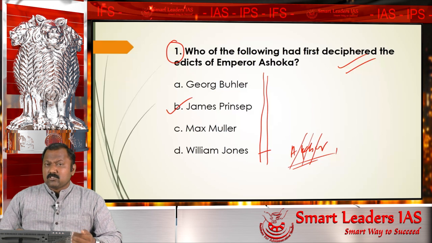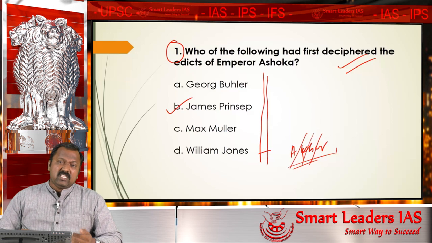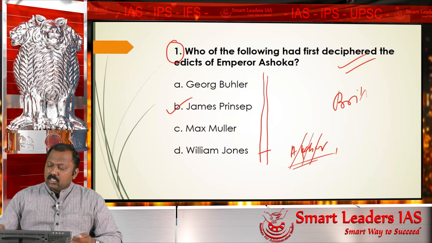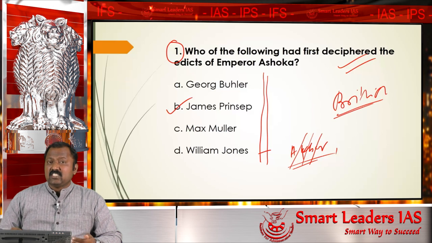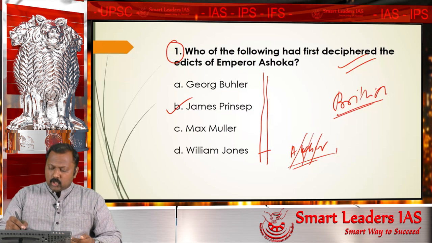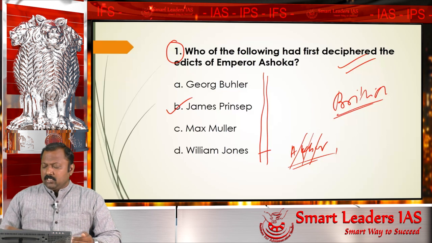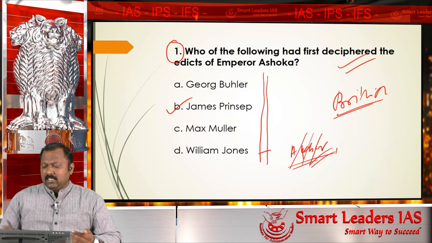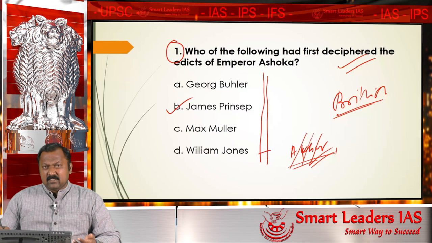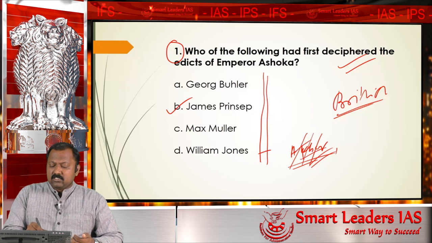I can say Akbar is not at all relevant because the Mauryan edicts were deciphered during the time of the British. If you know this simple fact, then any choice which is not British is going to be eliminated. So if there is an Akbar, or something else, we have to eliminate that and come to the correct answer, which is James Prinsep.